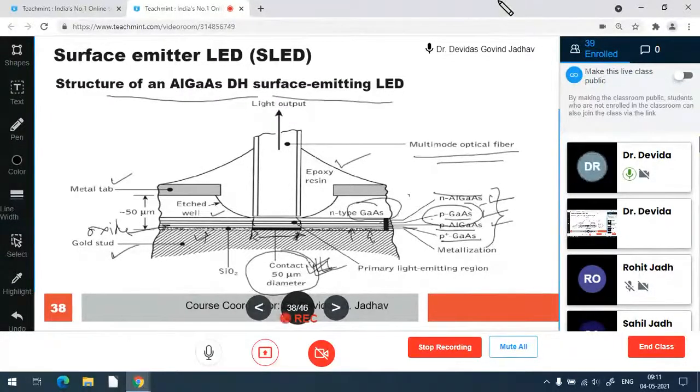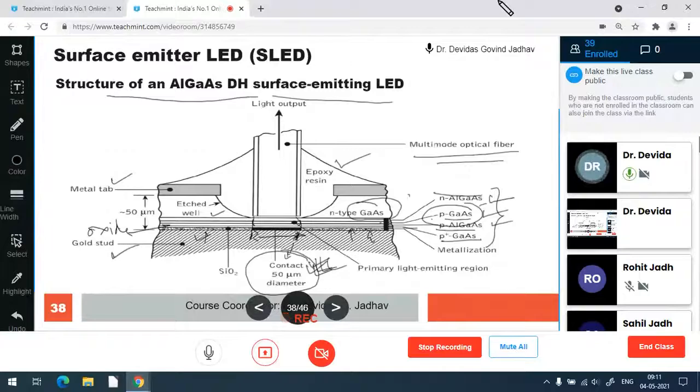This theory we have discussed many times. We have discussed this in lasers, the structures of lasers, and we are discussing it now in LEDs. So whatever photons are generated cannot go to this side because it is a metal contact disk.